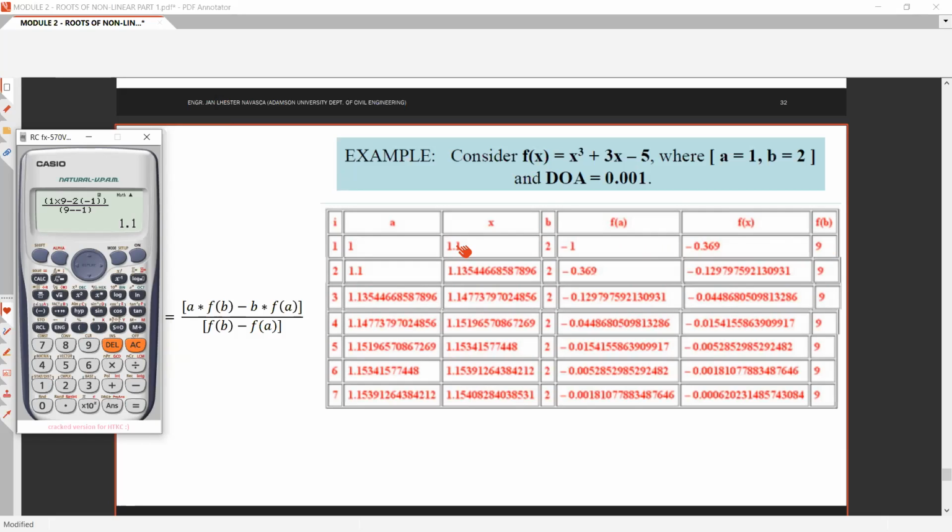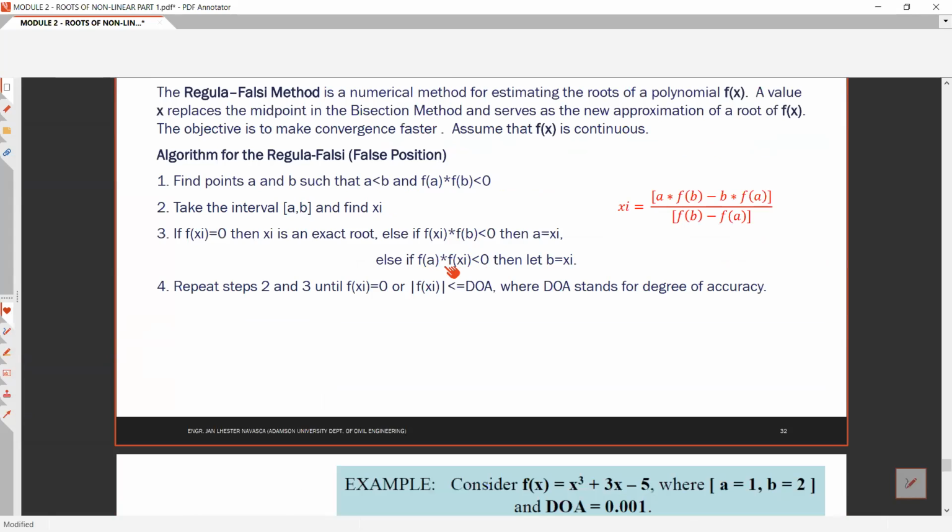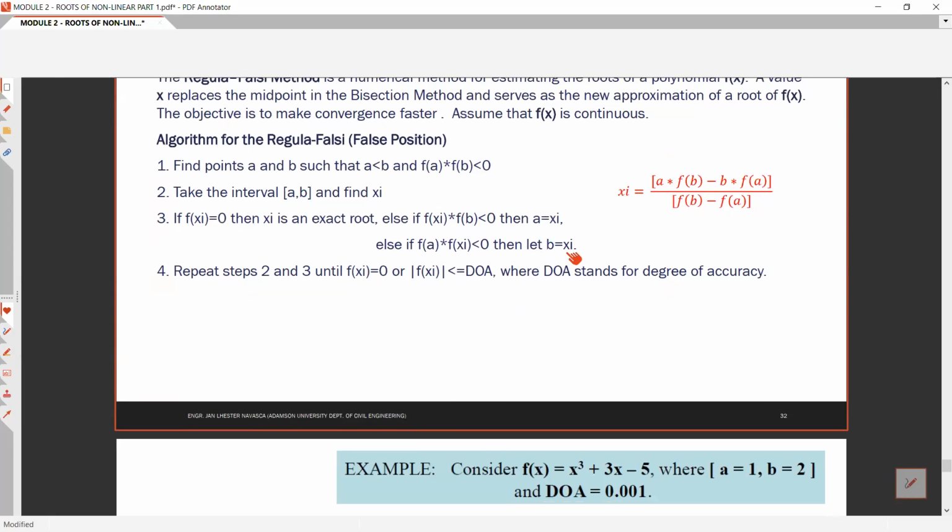Then check mo again. F of a multiplied by f of xi, positive. So wala dyan. F of xi multiplied by f of b, nandyan. So therefore, ito yung magiging lower limit mo, ito yung magiging upper limit mo. If f of a multiplied by f of xi is less than 0, then yung b mo is xi.